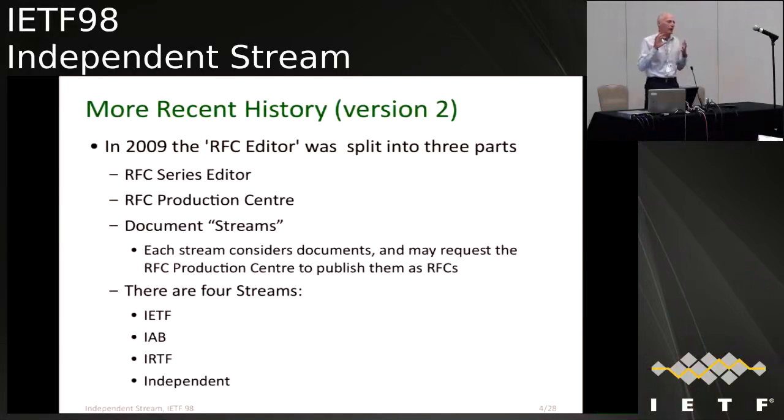So anyway, when a research group has considered some documents and decided, yes, we would like to see these published as RFCs, then I think there is an IRSG, but essentially the chair of the IRTF as the stream manager says, yes, we're going to ask for that to be published, and passes it to the production center.